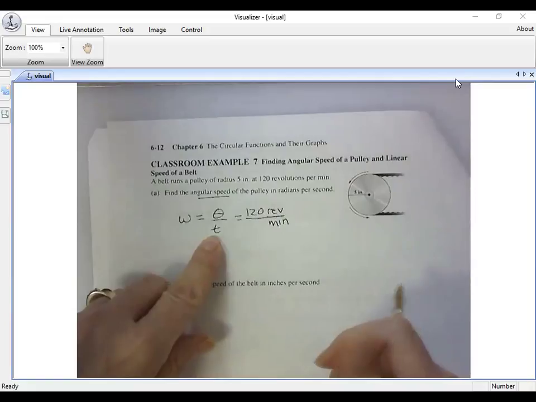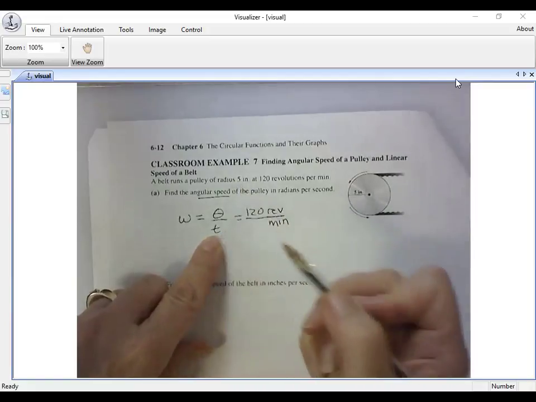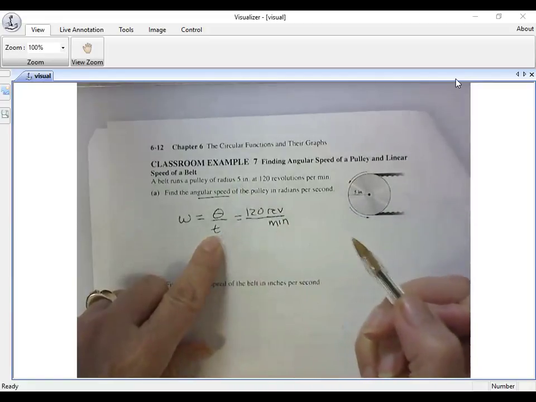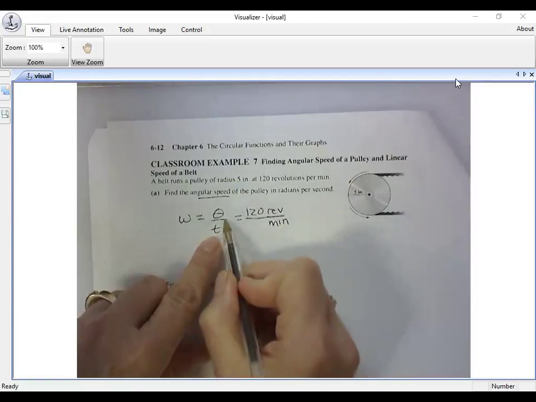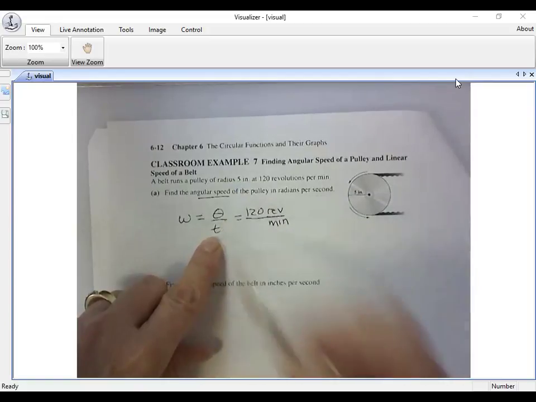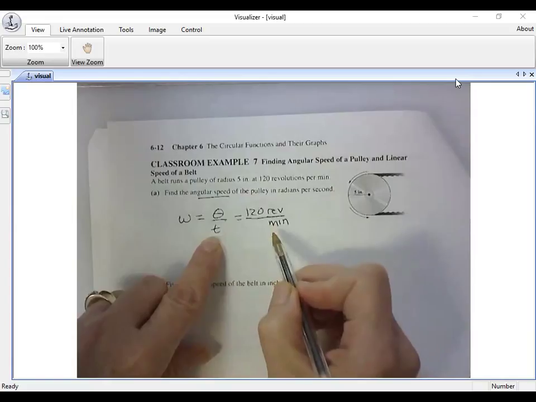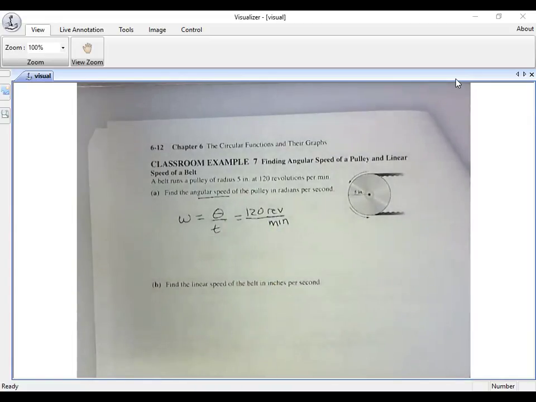Time is supposed to go on the bottom. Do I have a time here? Well, in a sense, I do, because it's 1 minute.